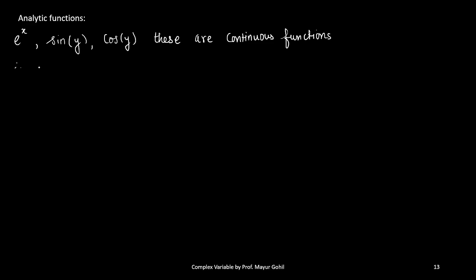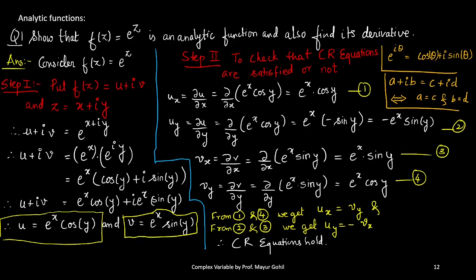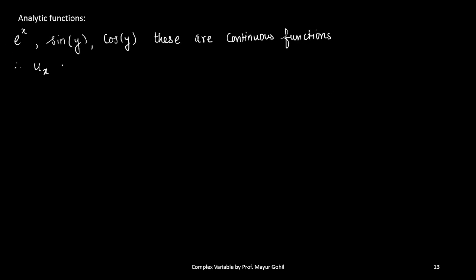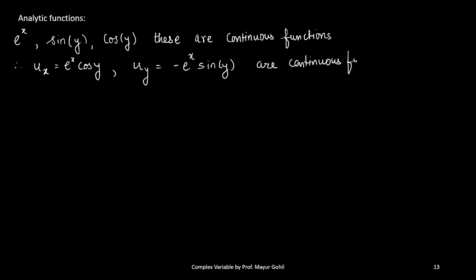Therefore ux, what we had got over here, is e to the power x cos y, and uy, which is minus e raised to x sine y, are continuous functions.